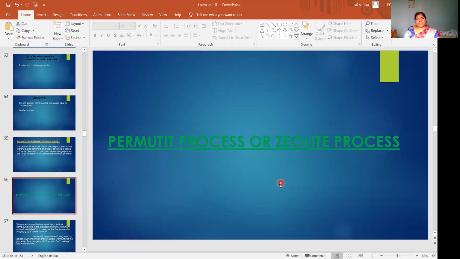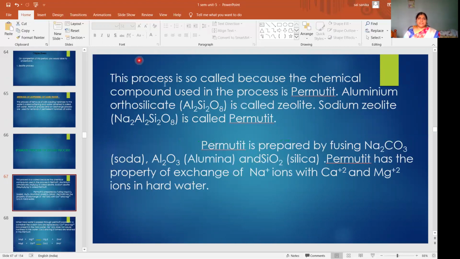That's why this process is called the permutit process or zeolite process. Now we will see the process. This process is so called because the chemical compound used in it is permutit.